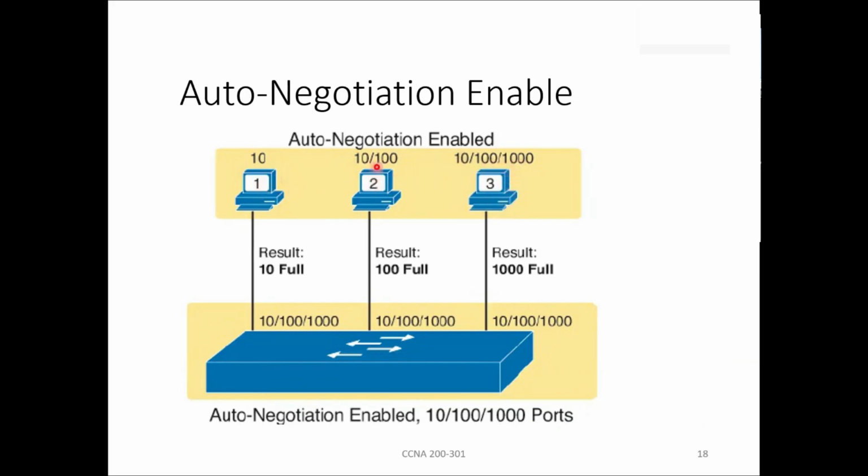So different devices support different speeds, but our switch supports all kinds of speeds: 10, 100, 1000, like that. But when they communicate, let's say this PC wants to communicate with this switch, maybe they communicate at 10 Mbps, this one maybe 100 Mbps, this one maybe 1000 Mbps. It's full duplex. So in this way, these devices can communicate.